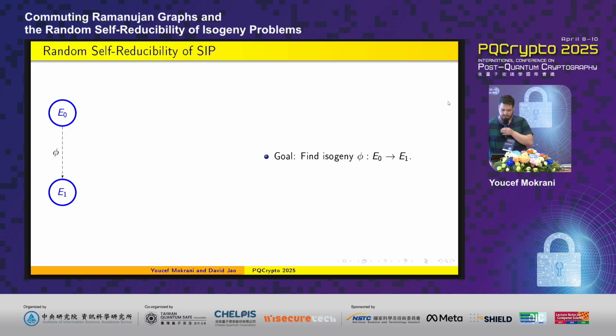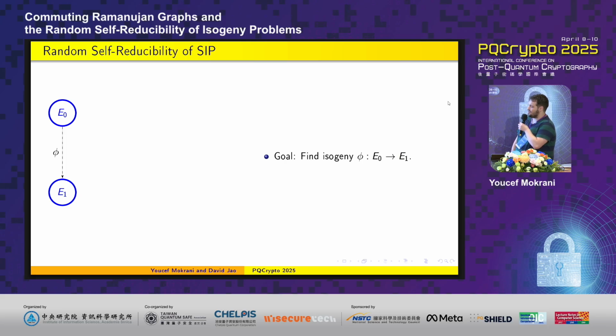So now we have every tool to see the random self-reducibility reduction. The reduction itself is pretty simple. What is hard is just to prove that it works. So you have this secret isogeny from E0 to E1, and you want to find it or find one between those two curves.